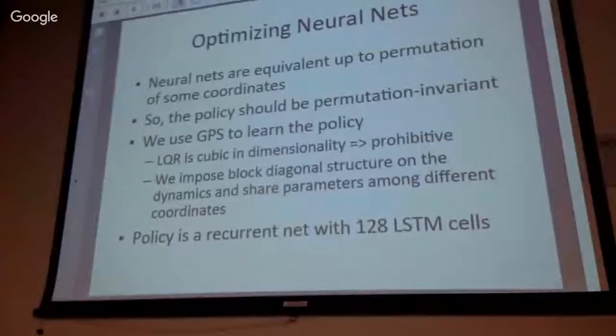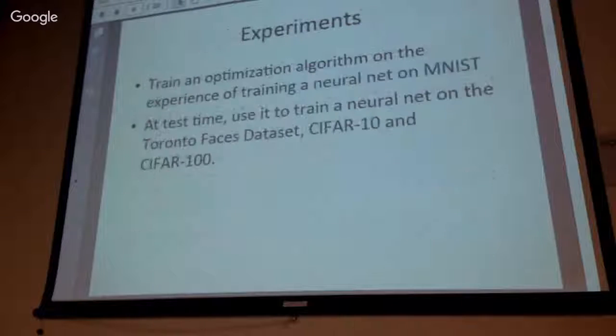We use guided policy search to learn a policy, but then we can't really use the standard GPS because LQR is cubic in the dimensionality, which is prohibitive in the high dimensional setting. So instead, we impose a block diagonal structure on the dynamics and share parameters among the different coordinates. And the policy is simply a recurrent neural net with 128 LSTM cells.